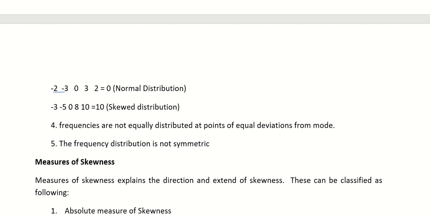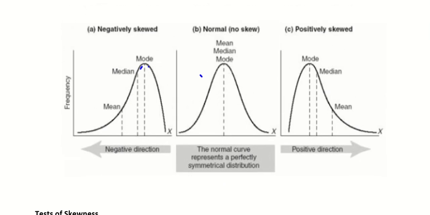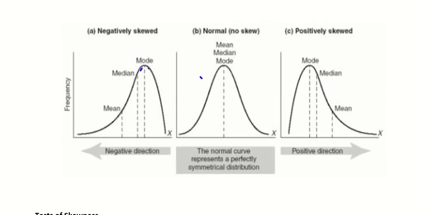As we studied in the graph, if the data is skewed, you can see that if this mode and this mean are quite far away, then the data is hugely skewed. We can also understand the skewness by the difference of mean and median.